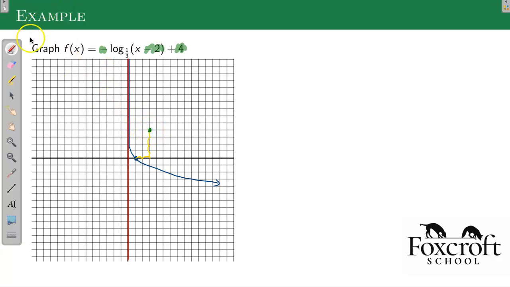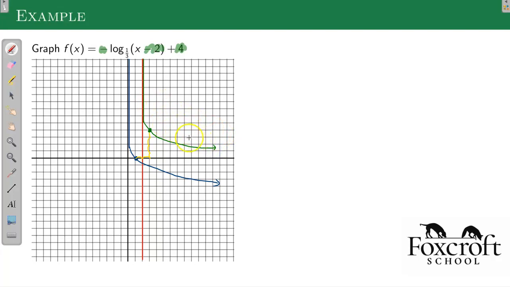Again, if I'm moving stuff to the left or right, this vertical line is going to move as well. So I need to move this right to there. Let's get on 2. There we go. And then this would be my graph. I'd be vertical at the top before I curve through here.